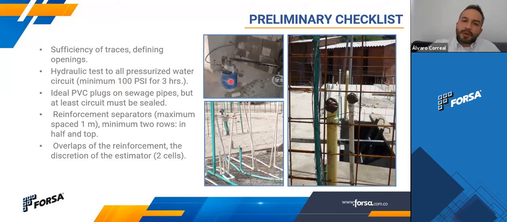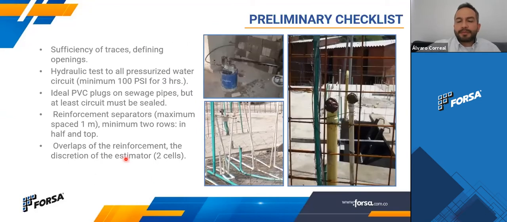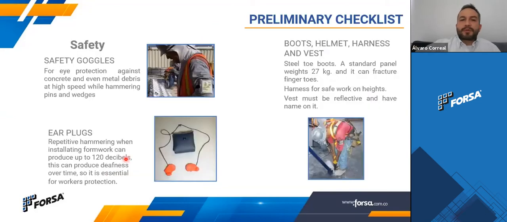After 3 hours, you go and check if the system is having some loss, and if not, then you can just go on. But if you have some loss of pressure, then you go and find where and fix it. Okay, so you check everything that we talked about before, and then you are ready and set to go.